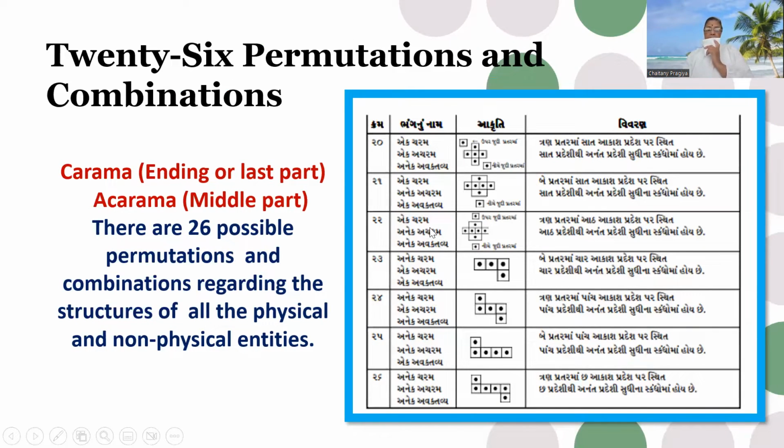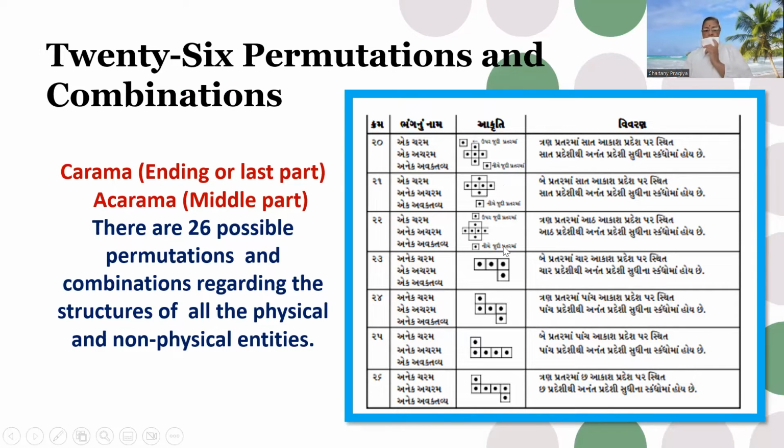Here you can see that there is one charam, ek acharam, and anek charam. If there is a structure which is having 5 atoms, and one atom is separate and the other one is separate, then you can say that this is ending, this is also ending, these 4 are also ending, only one is in the middle.